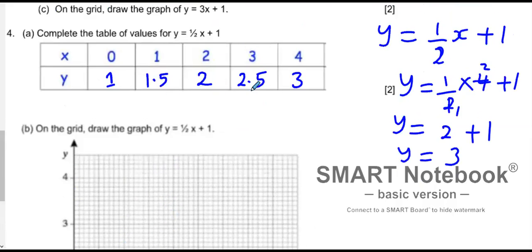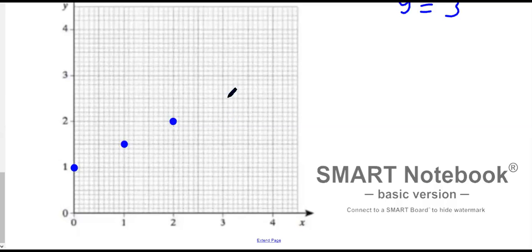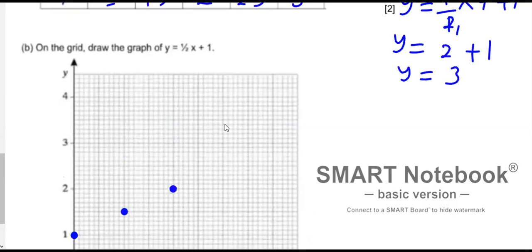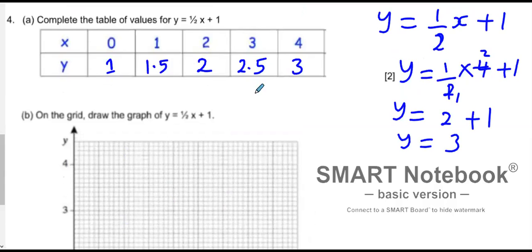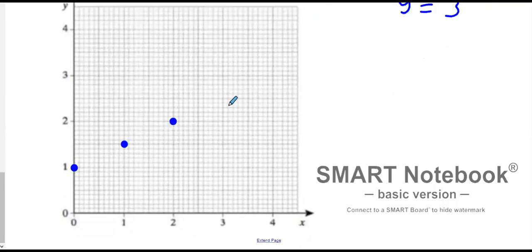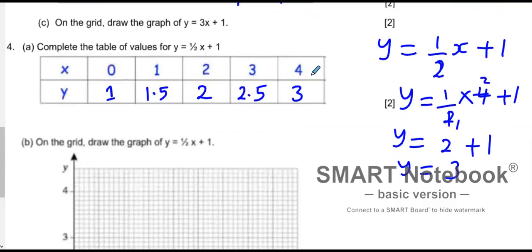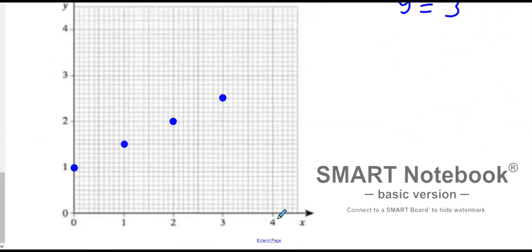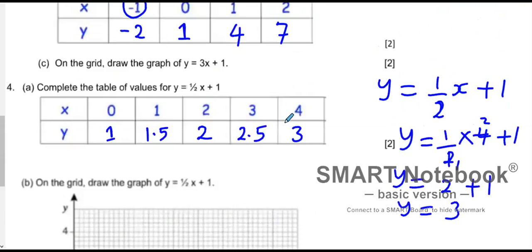X is 3, y is 2.5, so it will be somewhere here. Then x is 4, y is 3, so it will be somewhere there.